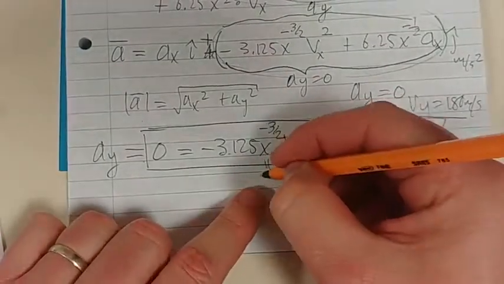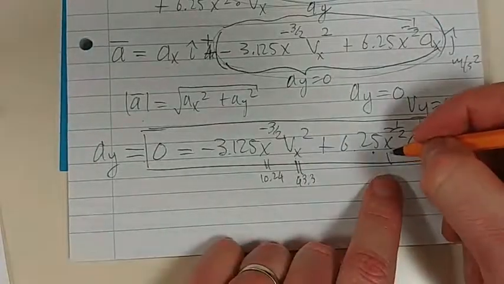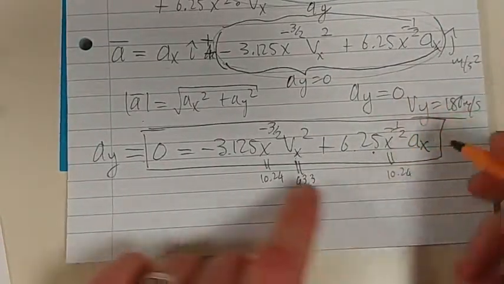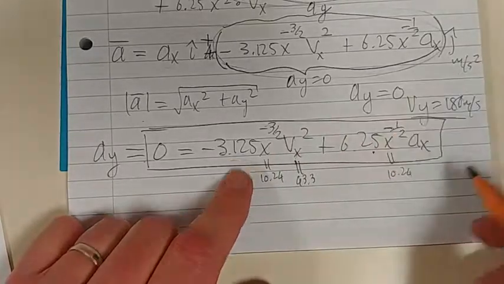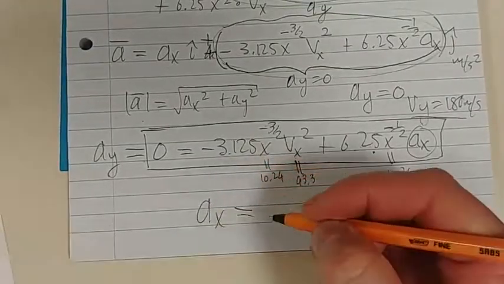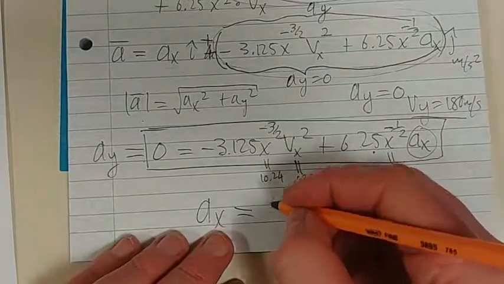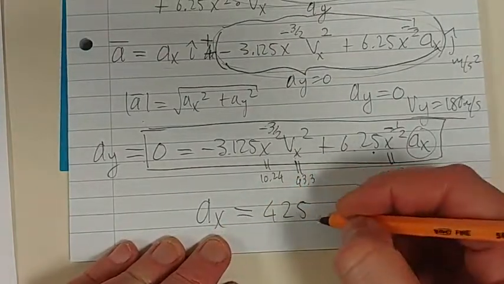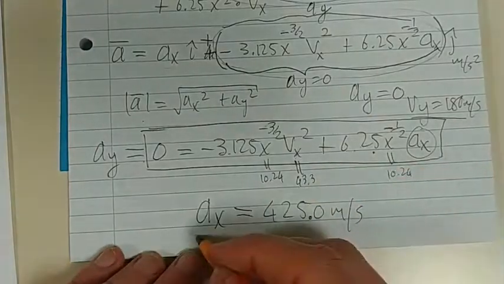And x was 10.24, and there's another x, 10.24. Remember, this is to the minus 3 over 2, and that's to the minus a half. So if I calculate ax here, I get 425 meters per second squared.